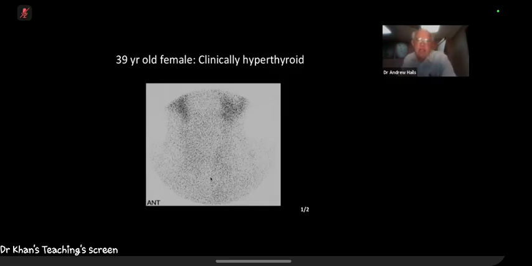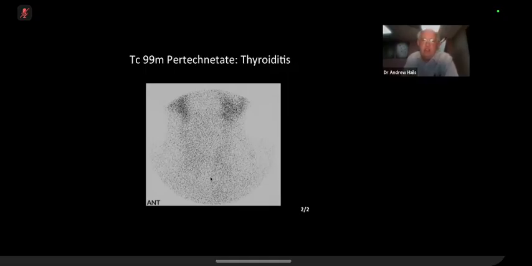And this would be the case in somebody who maybe has had viral thyroiditis, de Quervain's thyroiditis. Or, of course, it could also be somebody who was taking thyroxine, as a Munchausen sort of situation. So that's a thyroiditis.